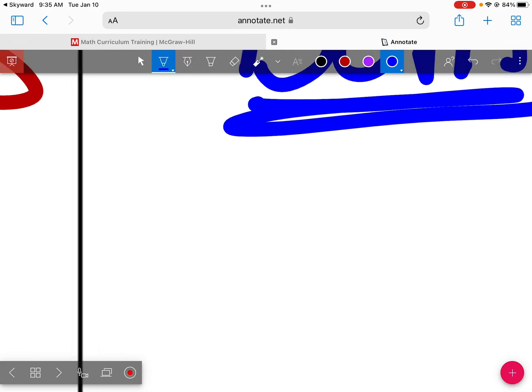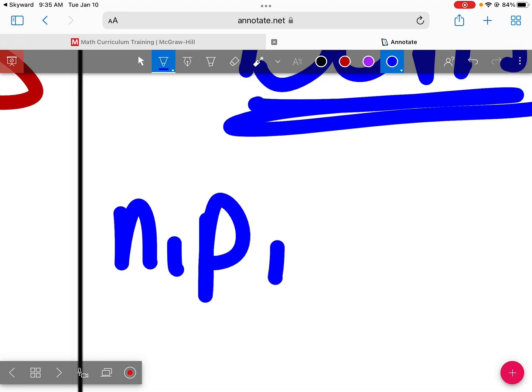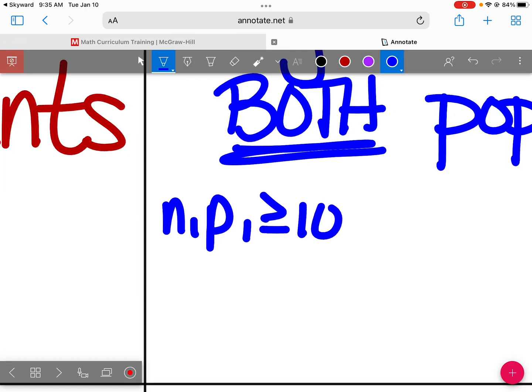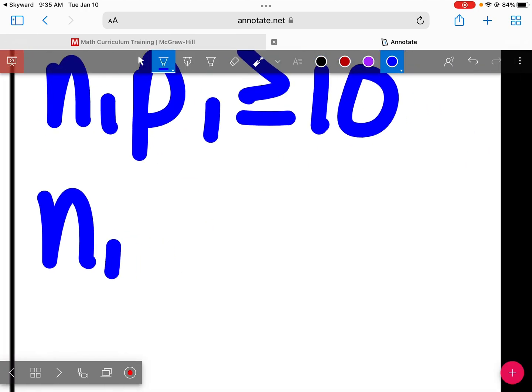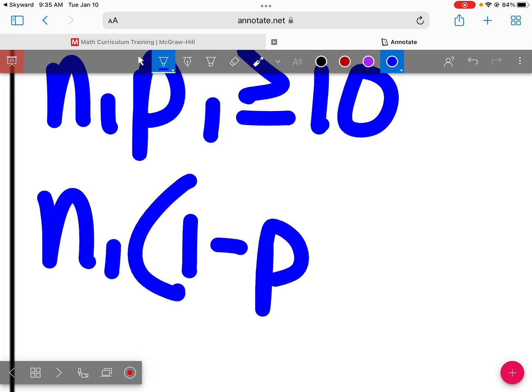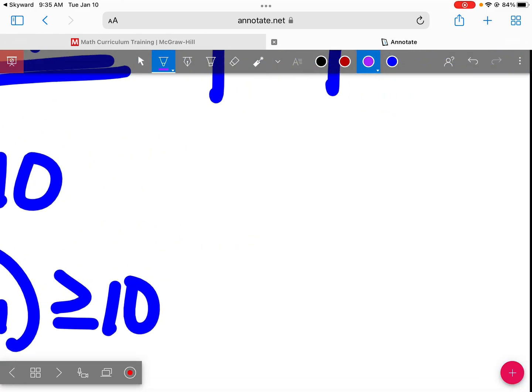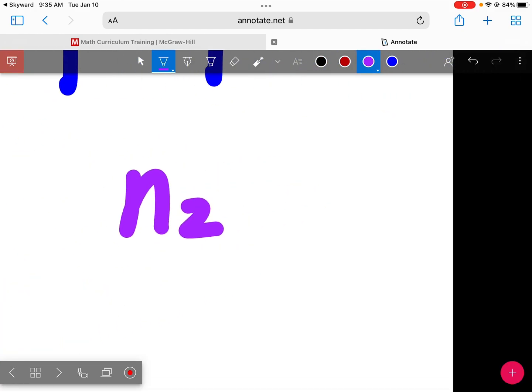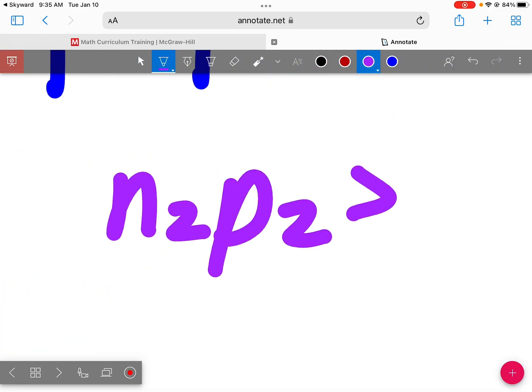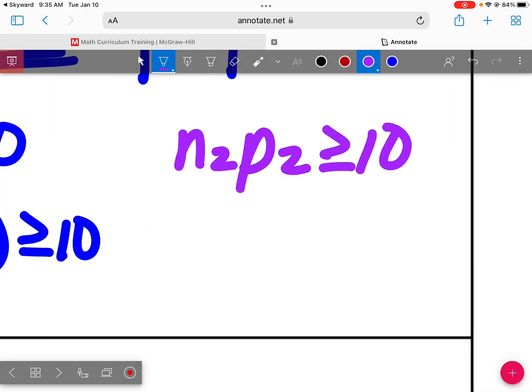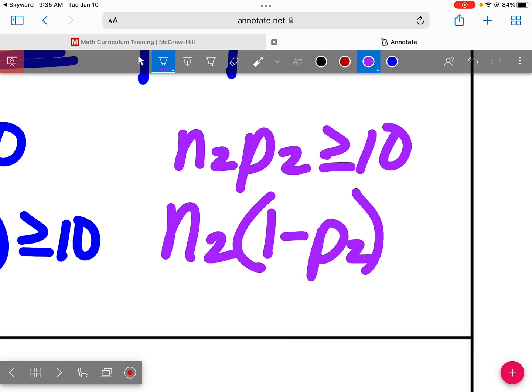So we would have to do n1 p1 greater than or equal to 10, n1 times 1 minus p1 greater than or equal to 10, and we have to do the exact same thing with our other population, n2 p2 greater than or equal to 10, n2 times 1 minus p2 greater than or equal to 10.